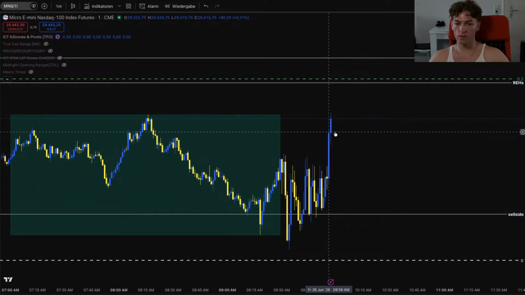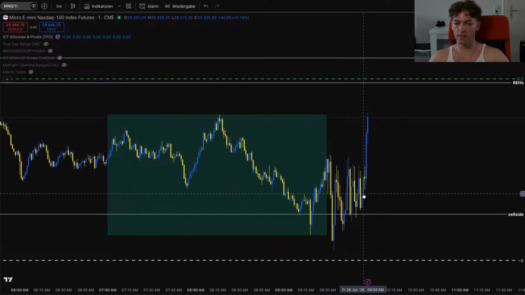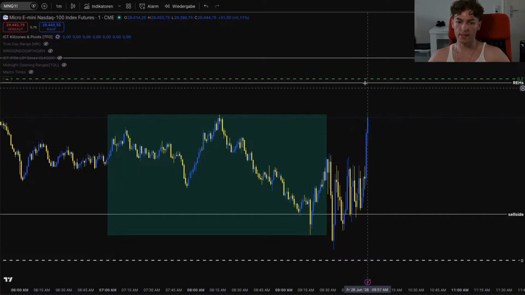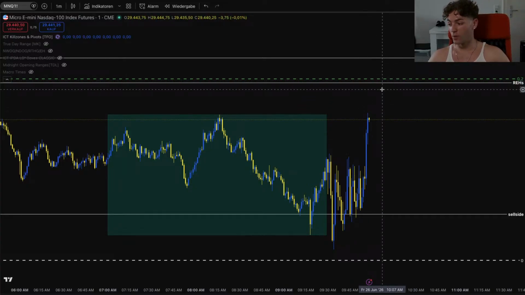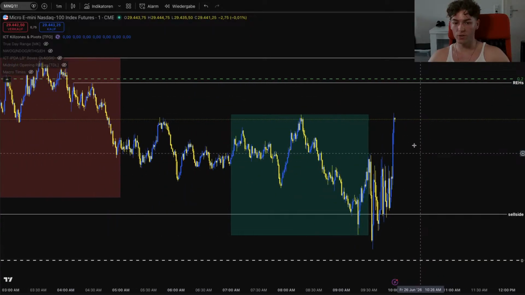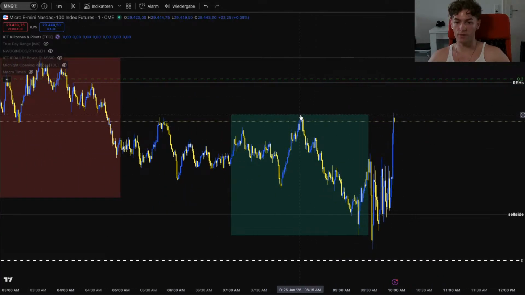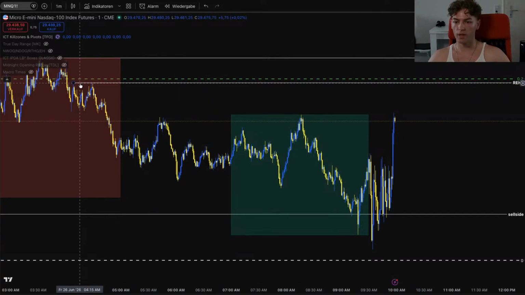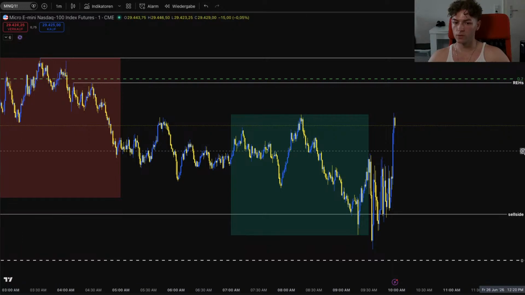But now it's still following the same logic. It's taking out retail traders that are short and stopping out those who are profitable right now. And like I said, we are bullish. What are we doing right now? We are going to take stop losses above these highs. But I think that's not enough. We are also going to come back for these highs in here and these highs in here. Okay.